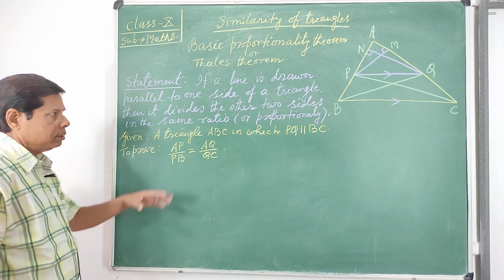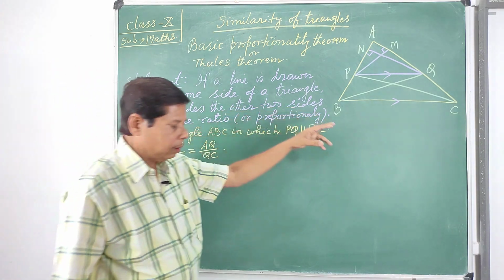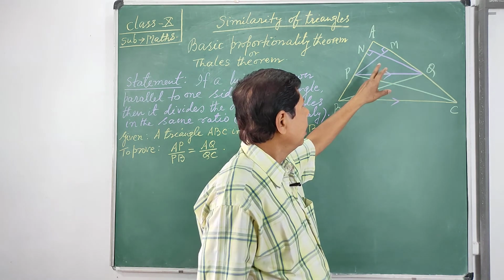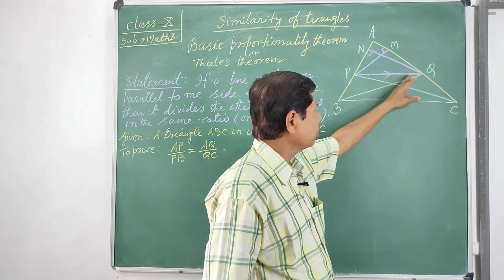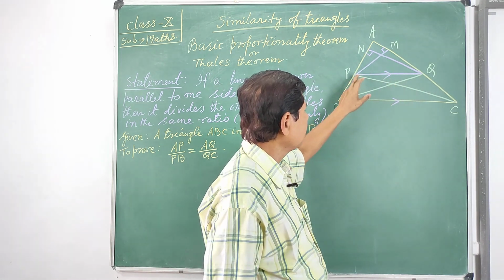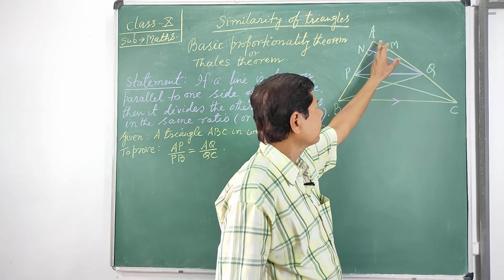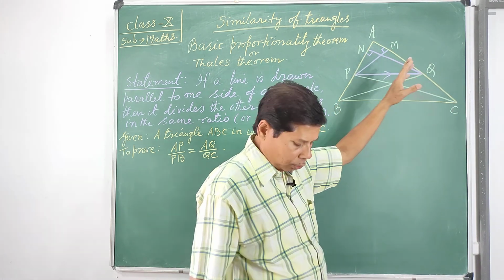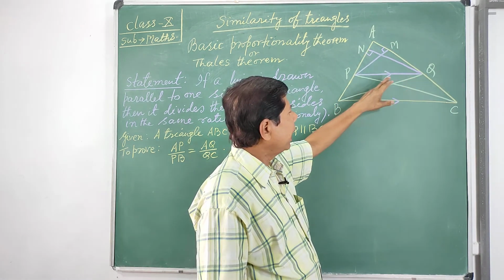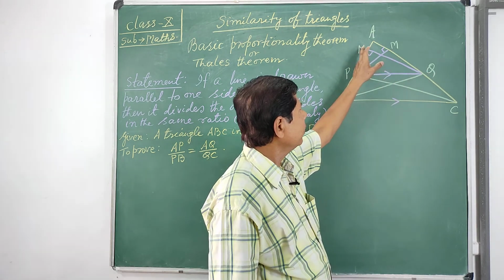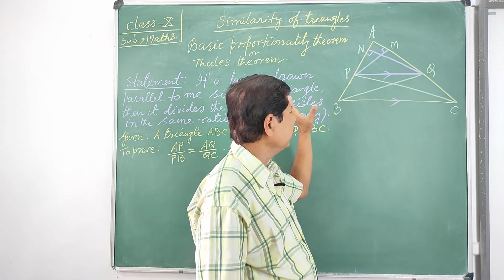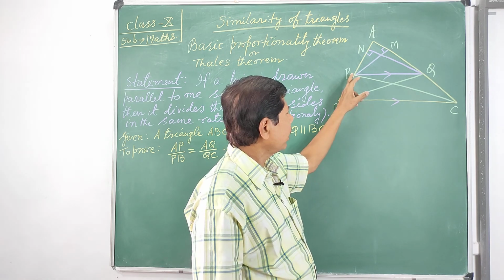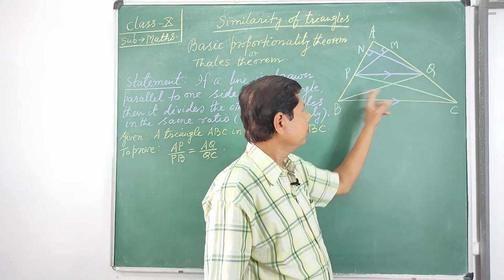Now some construction is already done. The line PQ is already drawn parallel to BC. Now from P we shall draw PM perpendicular to AC or AQ, they are the same line. And from Q we shall draw QN perpendicular to AP or AB. And join PC and BQ.